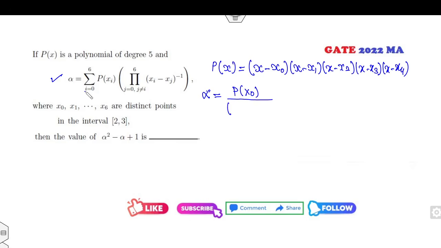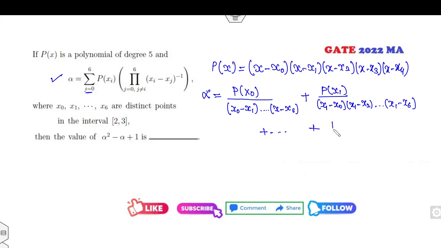So if I choose i equal to 0, this number will be (x0 − x1)(x0 − x2) up to (x0 − x6), plus P(x1), that means (x1 − x0)(x1 − x2) up to (x1 − x6), and so on. Similarly, you can find P(x6) divided by (x6 − x0) up to (x6 − x5).